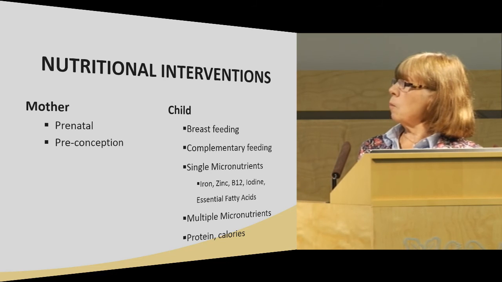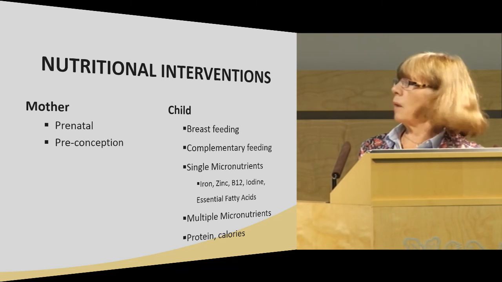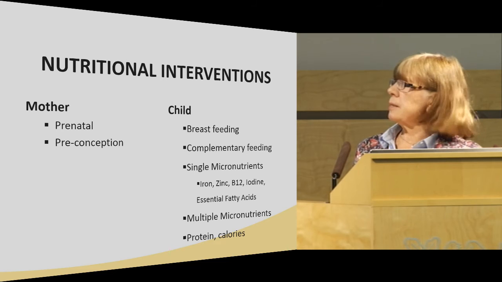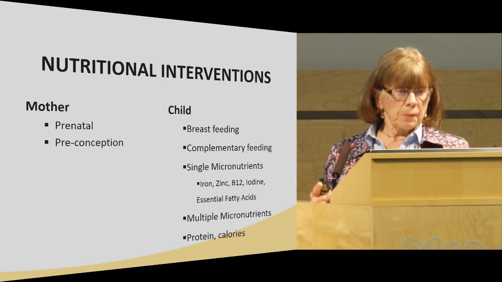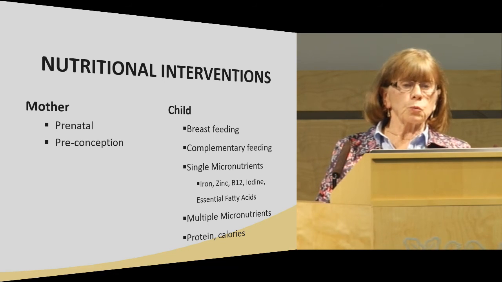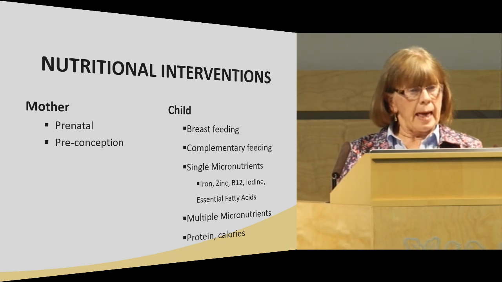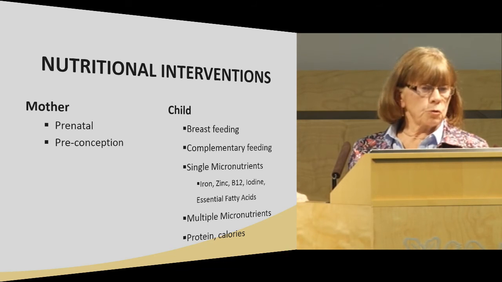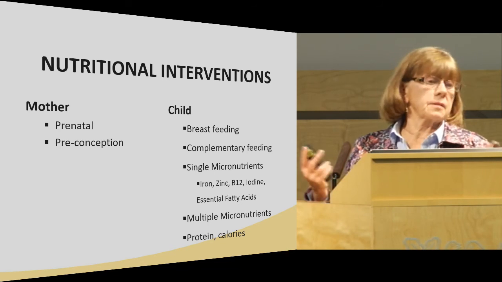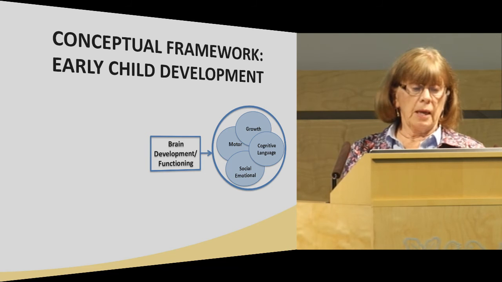We can look at single micronutrients, we can look at multiple micronutrients, we can look at proteins and calories. And there are many ways of doing this. You can do this with supplements. You can do this with fortification. So that's adding some of these micronutrients to food, and that's often how we do it in the West.